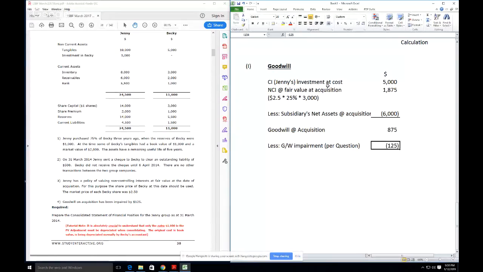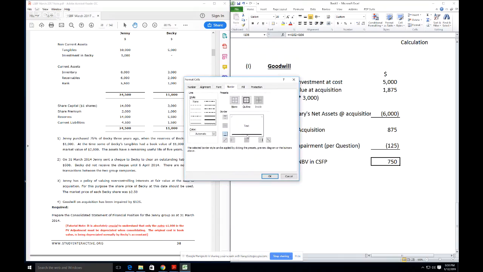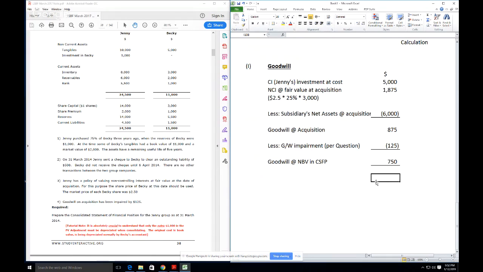So the figure we are looking for is this, which is goodwill at net book value in CSFP. That is going to be, voila, we have this sorted out. Any question, you type it and I see. Done, dusted. So we'll go to the next one. In the exam, you have to be fast. NCI.